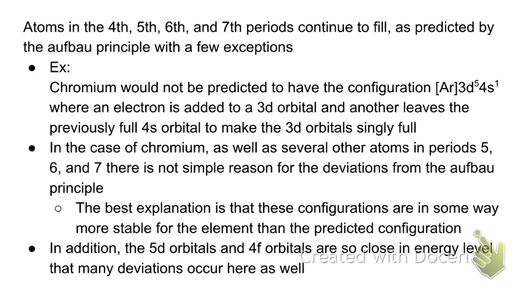So there are a few minor deviations that you could expect to see. We don't have simple explanations for them, so the explanation I will give you is just that for whatever reason, they are more stable, and that is why the electrons take that configuration. But for the purposes of your homework and your tests and anything else we do in class, we're going to follow the Aufbau principle pretty close.